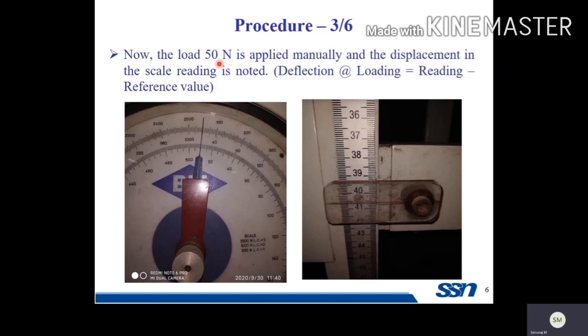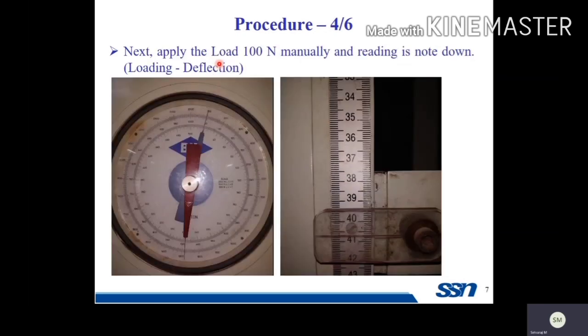Similarly, you apply 100 Newton, 150, up to 400 Newton, and take readings. So you will get around 8 readings: 50, 100, 150, 200 up to 400. For these 8 readings, the load as well as the deflection must be calculated. You take the initial reading and final reading, and that gives the deflection of the spring.